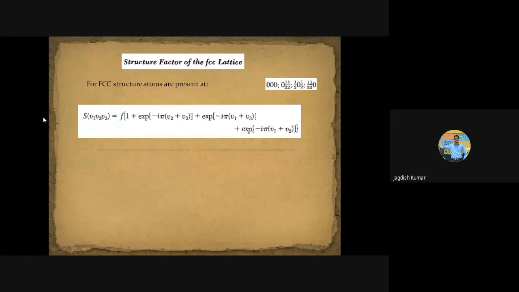The other way is doing a reverse calculation. Suppose we don't know the atomic positions and we measure the X-ray diffraction pattern of a crystal. Then from that, we try to calculate all these parameters back. So the task is not very straightforward. It requires solving a lot of models. You have to try a lot of things. You first try to fit your X-ray diffraction pattern to one specific model of a unit cell.